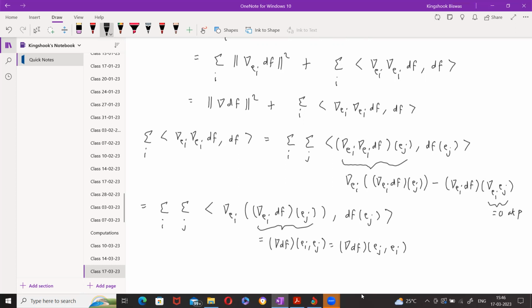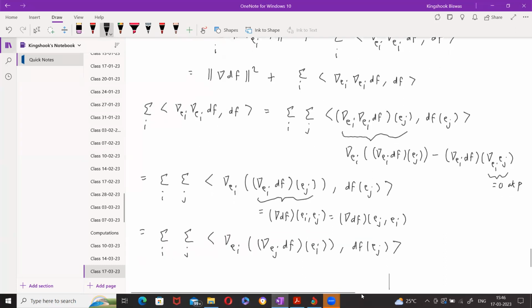So I can interchange e_i and e_j here, and I get a sum over i, sum over j, of the inner product of nabla e_i acting on nabla e_j df acting on e_i, with df e_j, by symmetry of the second fundamental form.